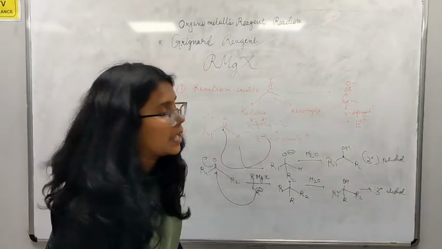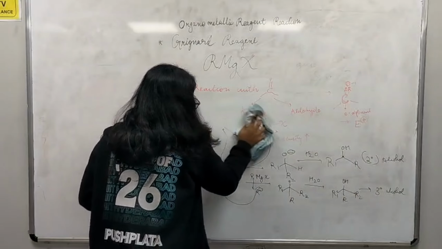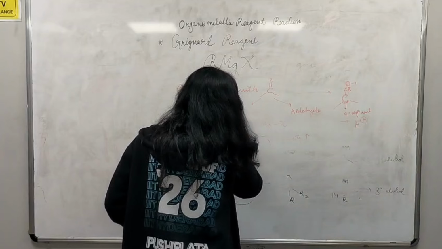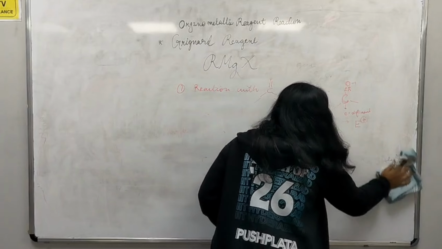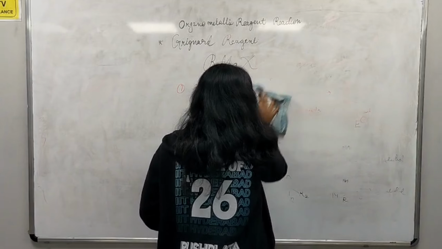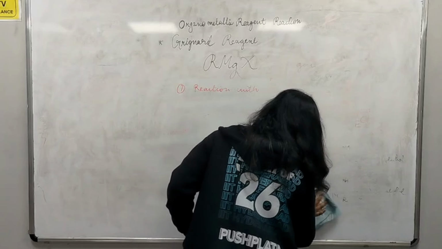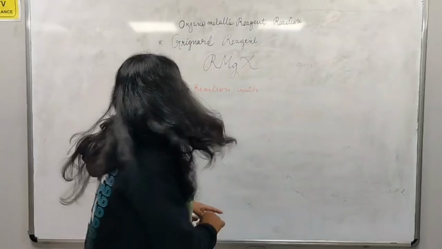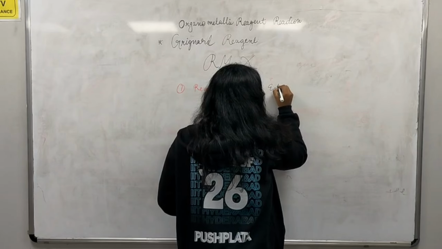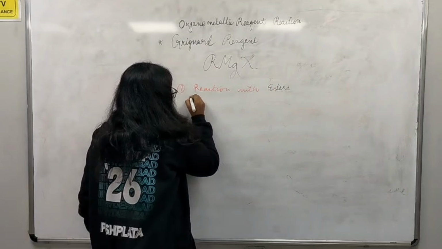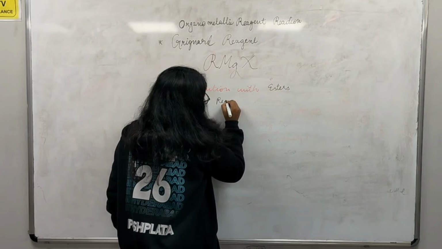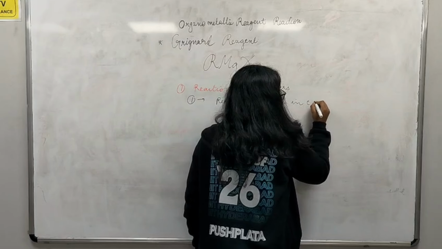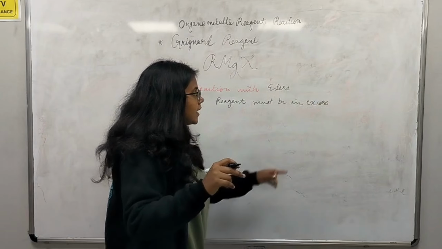So now let's take the example of esters. With esters, the first thing we have to make clear is that the reagent must be in excess amount. Why in excess amount? Let's see.